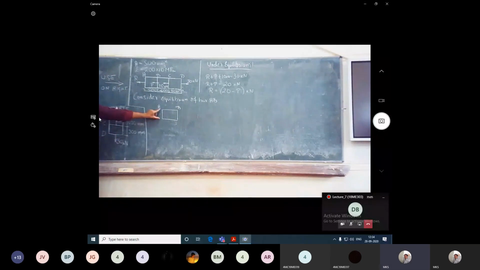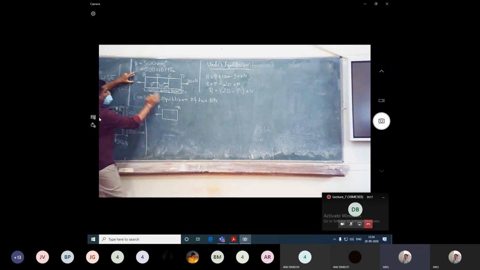What is the force acting at A? It is only R, going to the left. R is 20 minus P, in kilonewton. So this is the force acting at A.